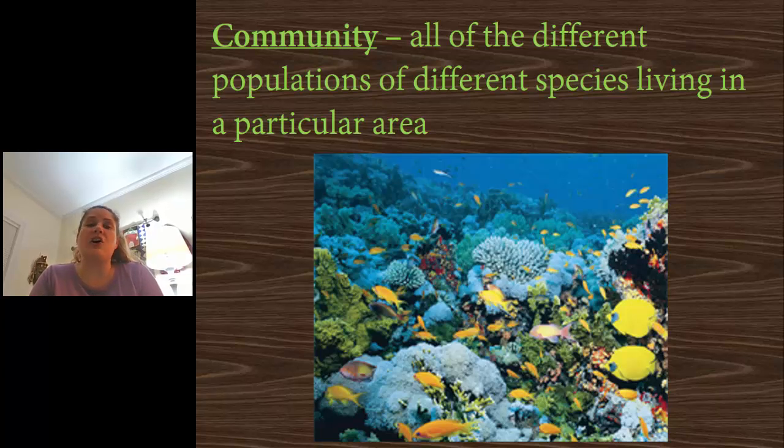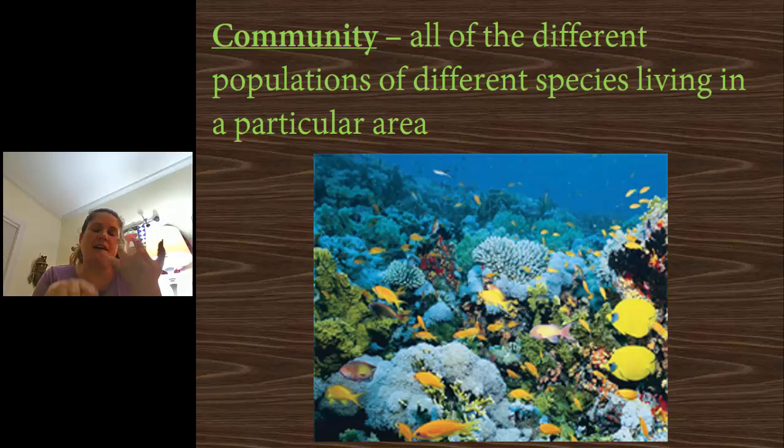And then a community. So a community is all of the different populations of different species living in a particular area. So in a population, we've just got one species. In a community, now we're talking about all of the different species that are living there together. So we're not just talking about the lions in the Serengeti.